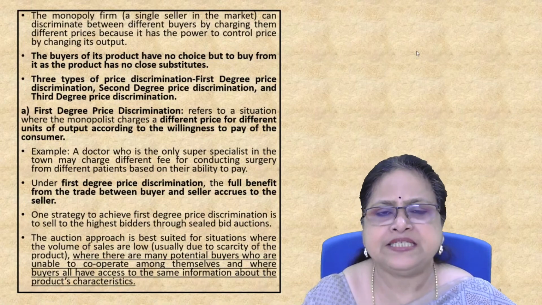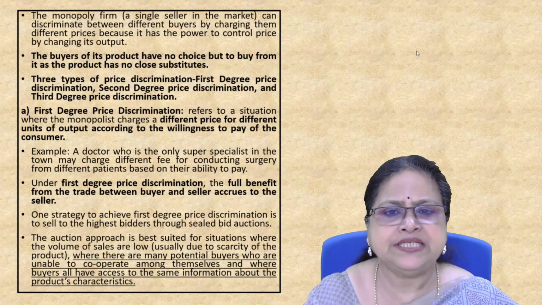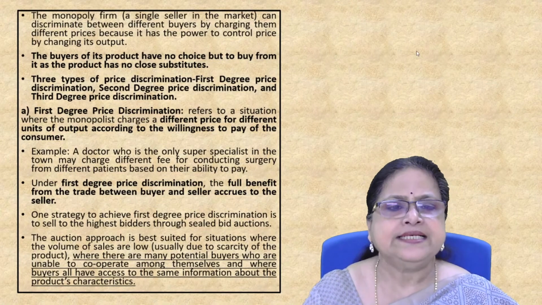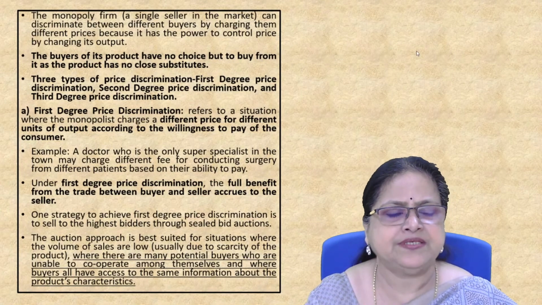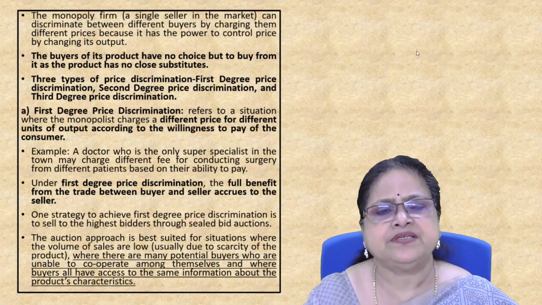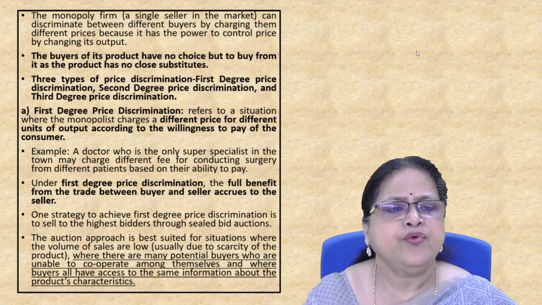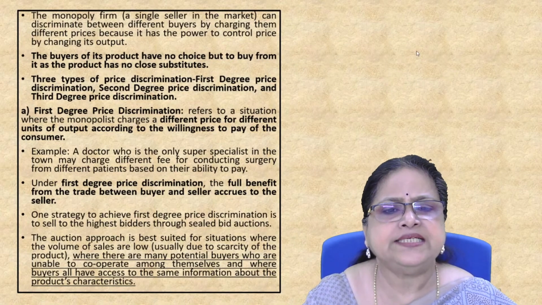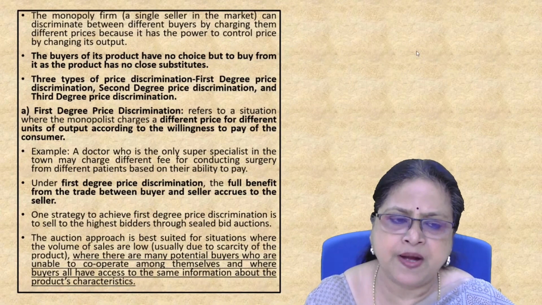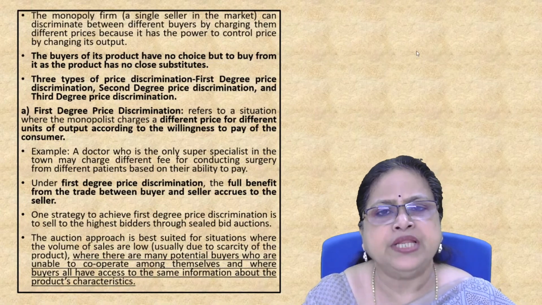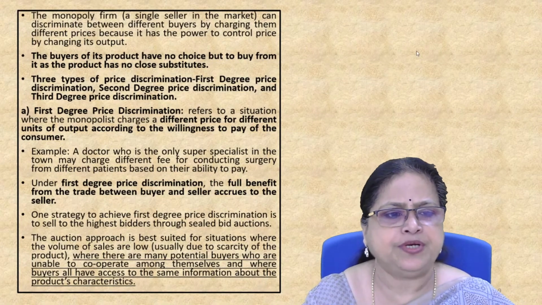Three types of price discrimination are found: first degree, second degree, and third degree price discrimination. First degree price discrimination refers to a situation where the monopolist charges a different price for different units of output according to the willingness to pay of the consumer.